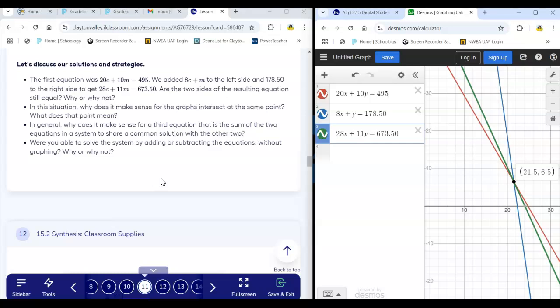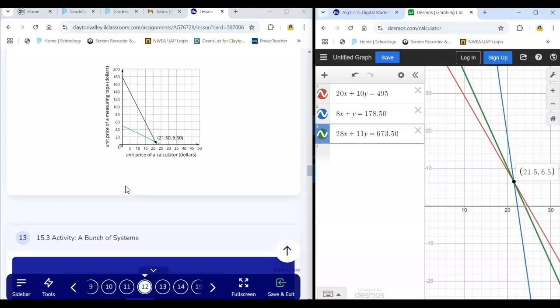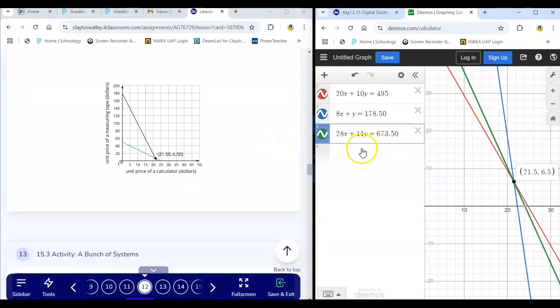So now we have built on this activity. So let's take a look at the synthesis of it. They showed you what I'm showing you, that the answers are the same. Why? Well, we just added two things that were true together.